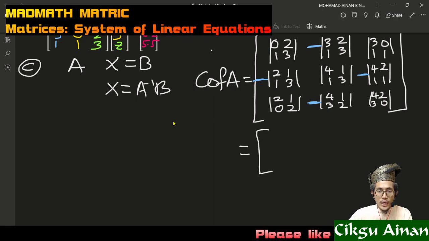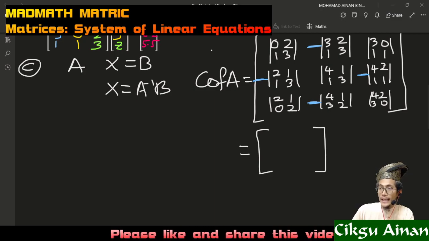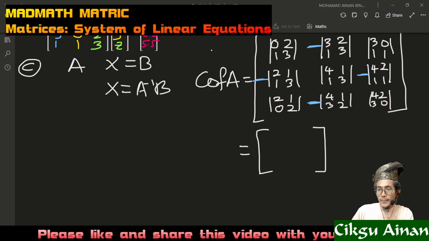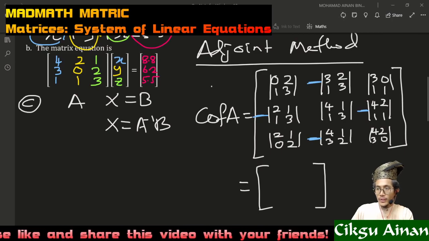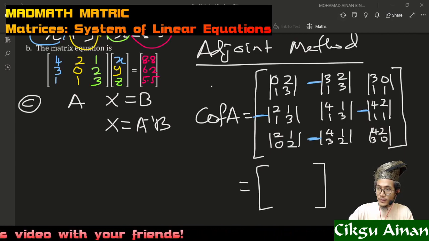So I'm going to fast forward the coefficients of A. 0, 2, 1, 1, 3.